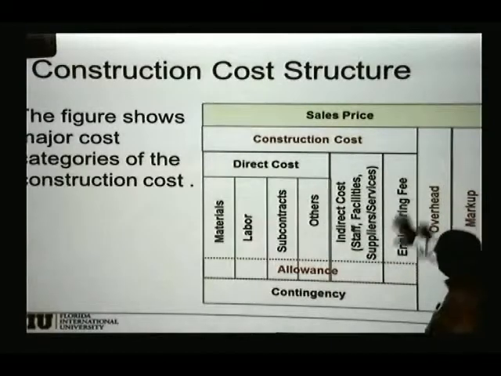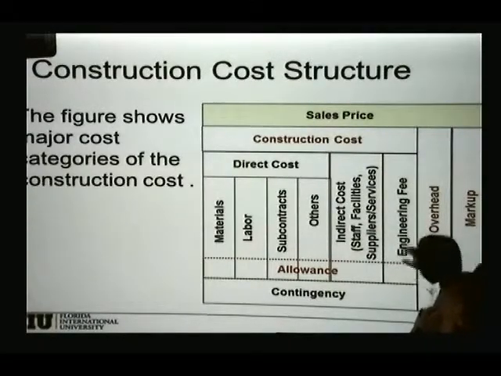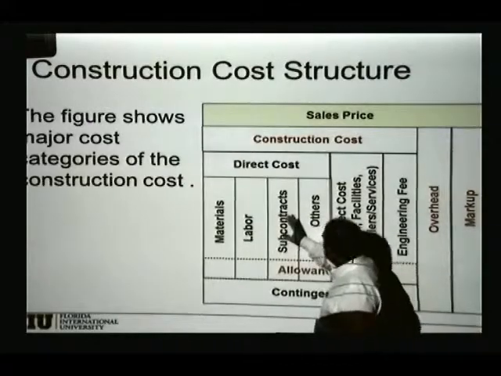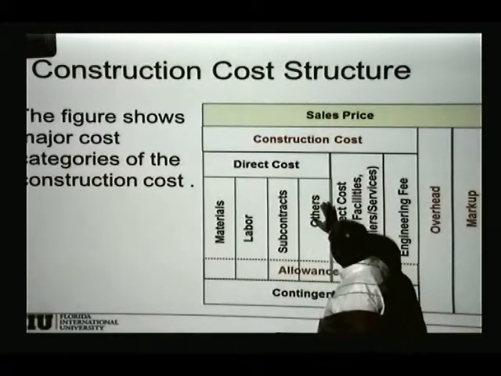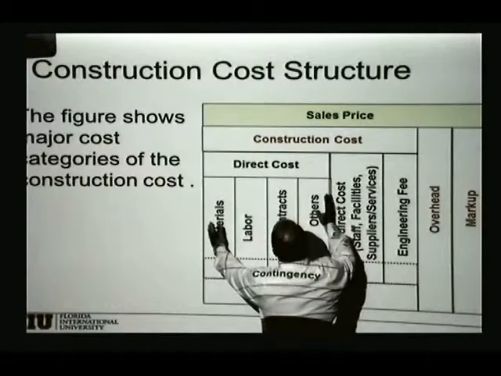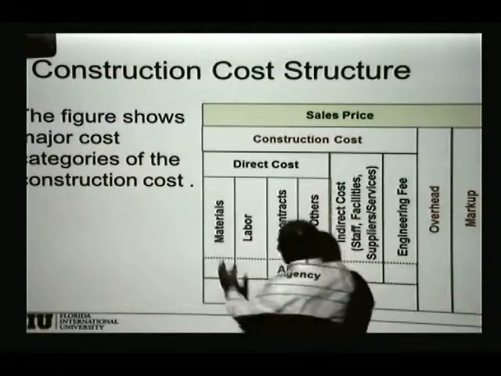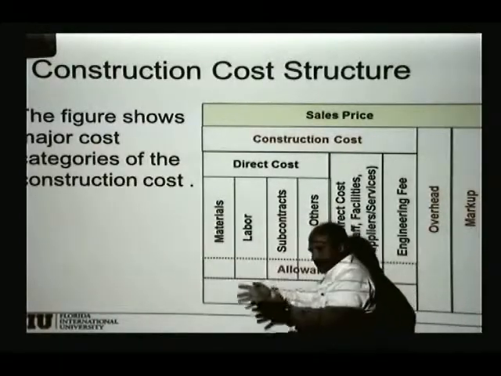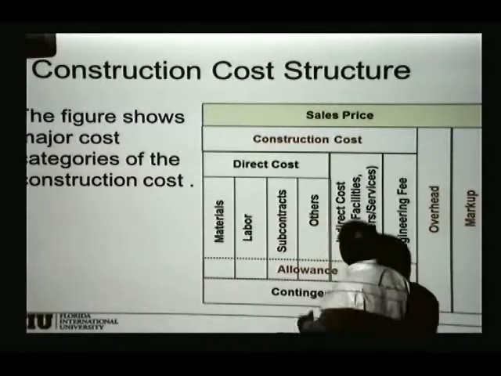So here we have sort of the major cost elements. We have materials, labor, and subcontractors. We may have other costs that are direct costs. So this is how much you're going to spend in building that product that the owner required.